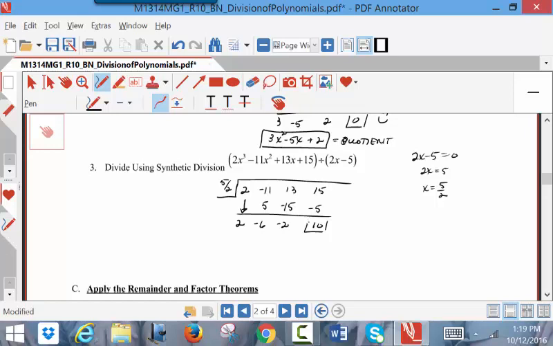To write my answer, this one's going to be like a mixed number because the remainder is not 0. This started as a third-degree polynomial, so it has to come down to a second-degree polynomial, or an x squared. So this becomes 2x squared minus 6x minus 2 with a remainder of 10.